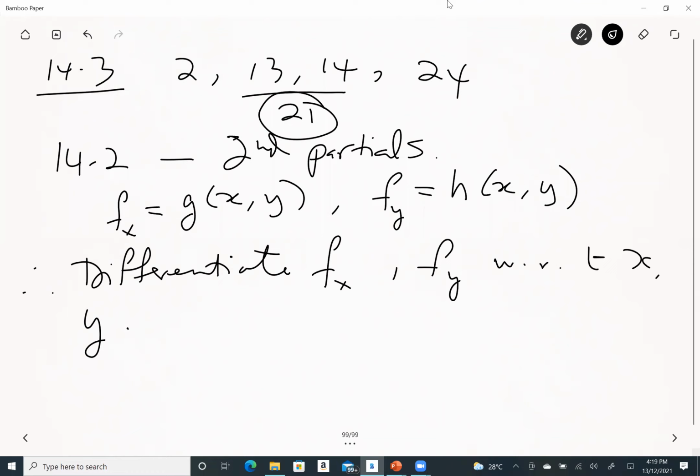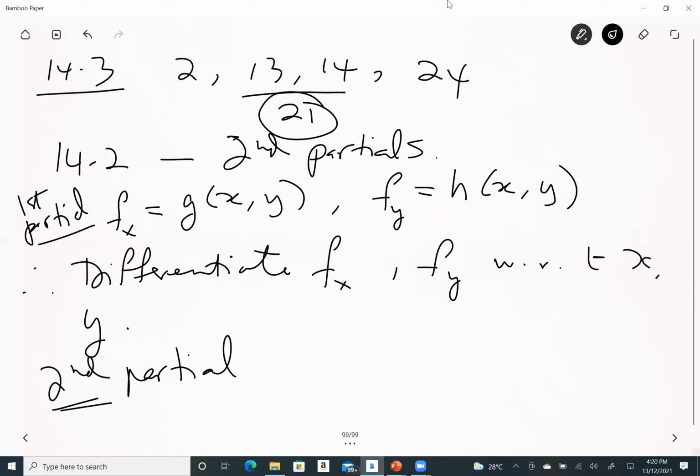That is what you call the second partial. You take the derivative of fx. This is the first partial. Sometimes we just call it the partial derivative of f, and then the partial derivative of fx is the second partial.